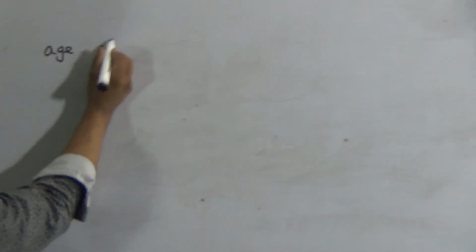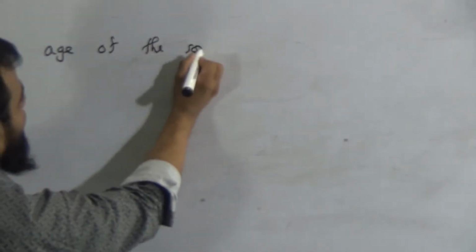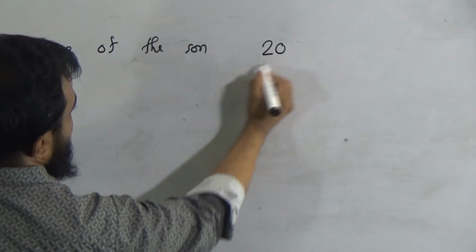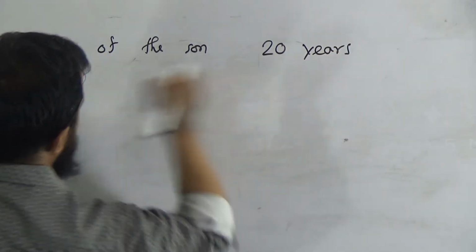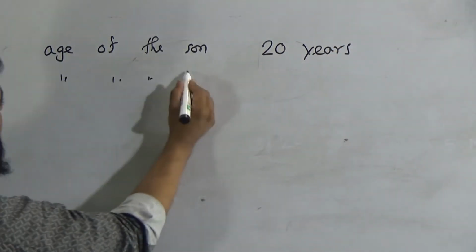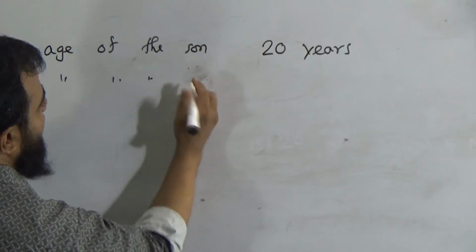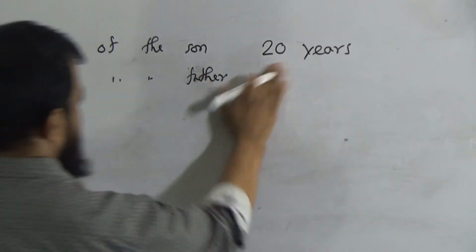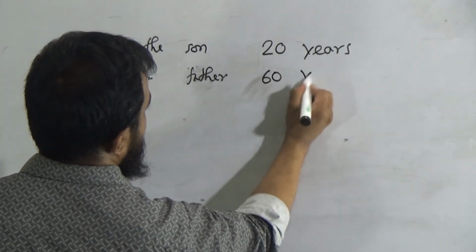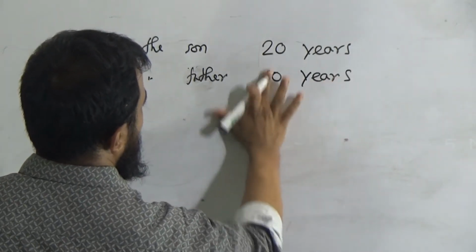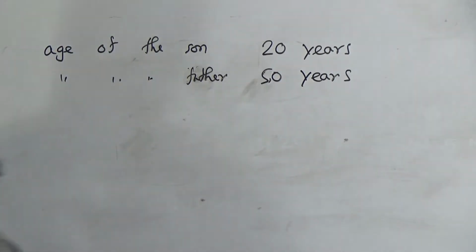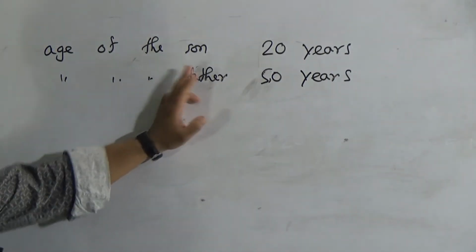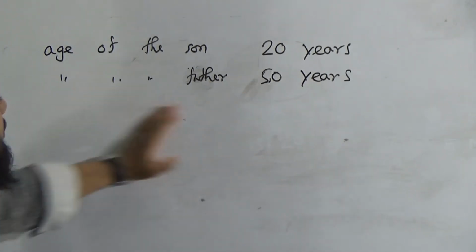Suppose the age of the son is 20 years, and the age of the father is 50 years. Okay, age of the son is 20 years and age of the father is 50 years.